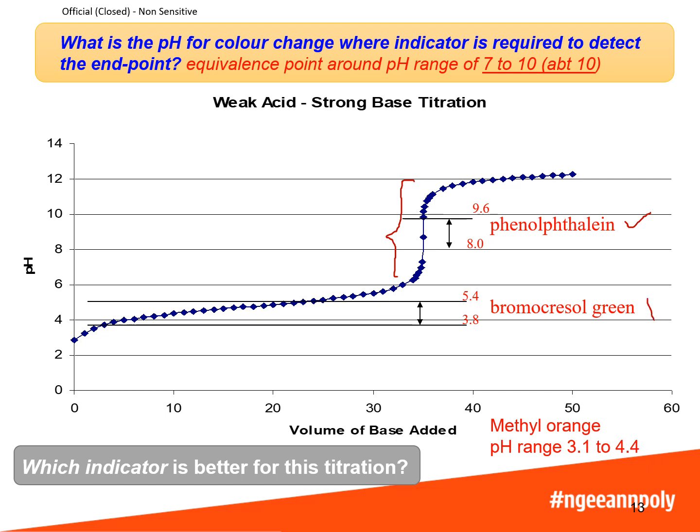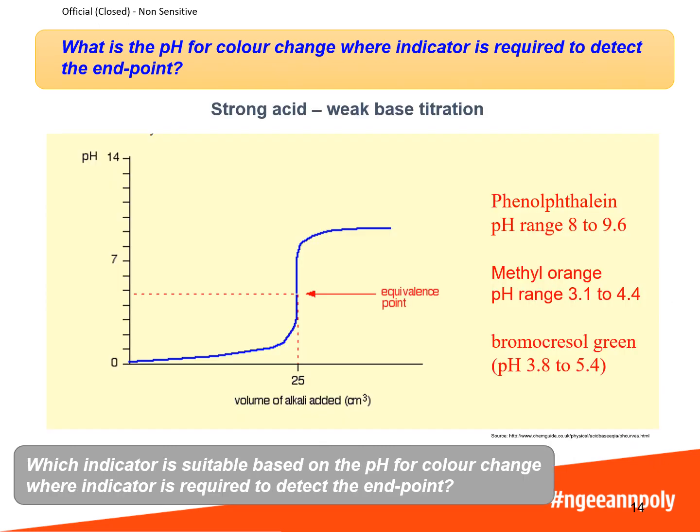Bromocresol green and methyl orange change color outside of this pH range, so they are not suitable indicators. This pH curve for the strong acid weak base titration shows pH change from about pH 3 to 8 at the equivalence point. This time, phenolphthalein is not a suitable indicator, but methyl orange and bromocresol green are possible indicators.